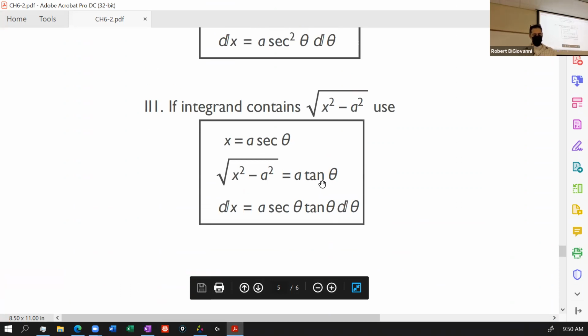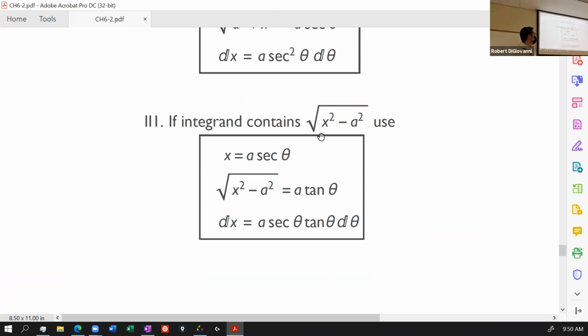Okay, the last one is if you see the square root of x squared minus a squared. Notice the position of the variable and the constant, right? If it's a squared minus x squared, we do the a sine theta. But if it's x squared minus a squared, we do x is a secant theta. The square root turns into a tangent theta.